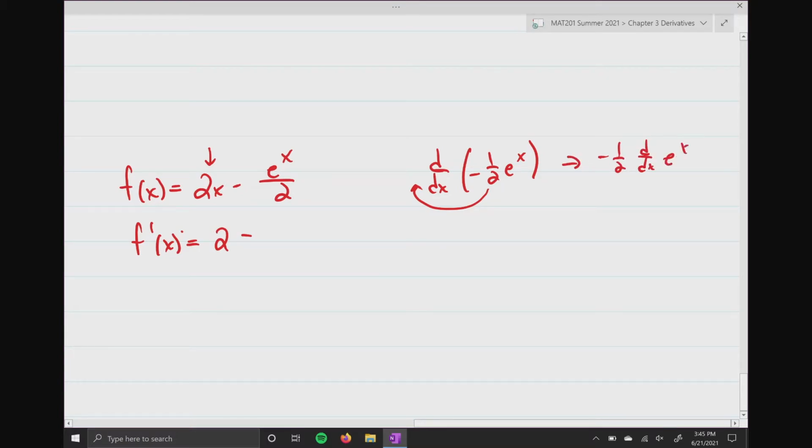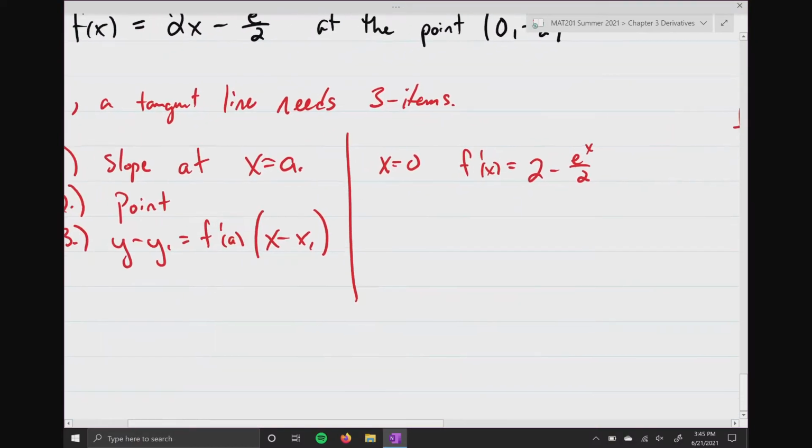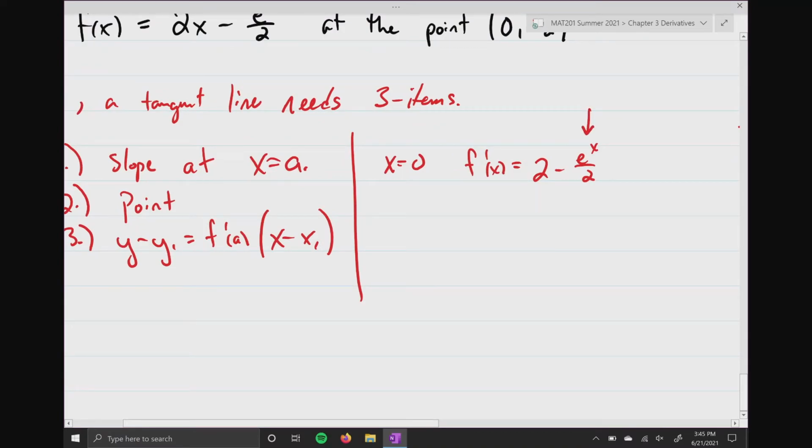All I'm doing is taking the derivative of e to the x. We know the derivative of e to the x is e to the x, so it's just going to be minus 1/2 e to the x, which is exactly what I have right there. But now I need to evaluate this at 0. Well, e to the 0 equals 1. So this is going to be f prime of 0 equals 2 minus 1/2.